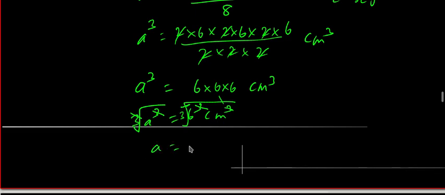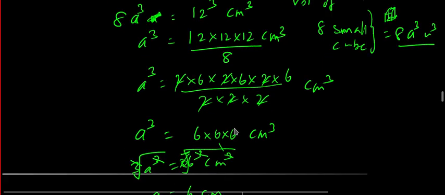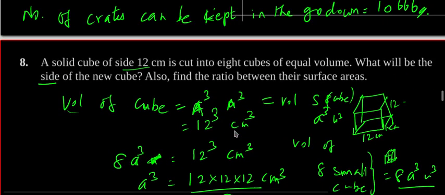So a equals 6 centimeter. So what is a here? a is the edge of the small cube. So we have arrived at the edge of the small cube.